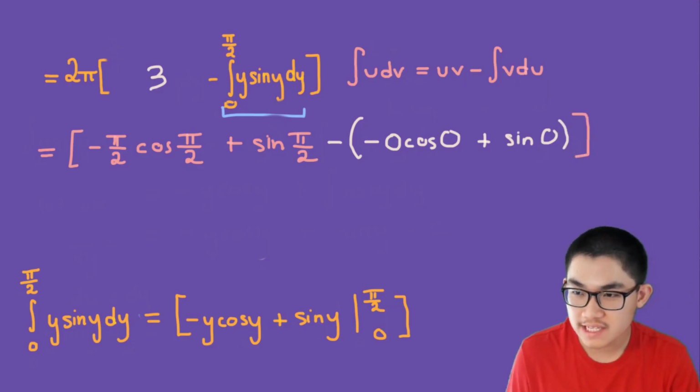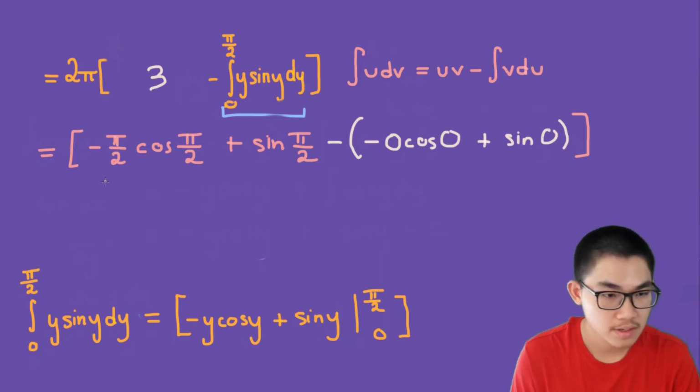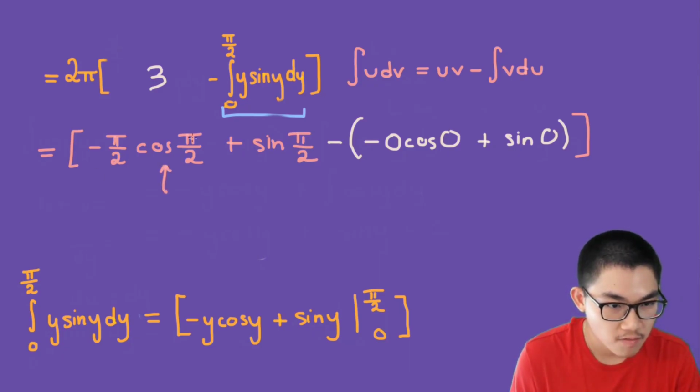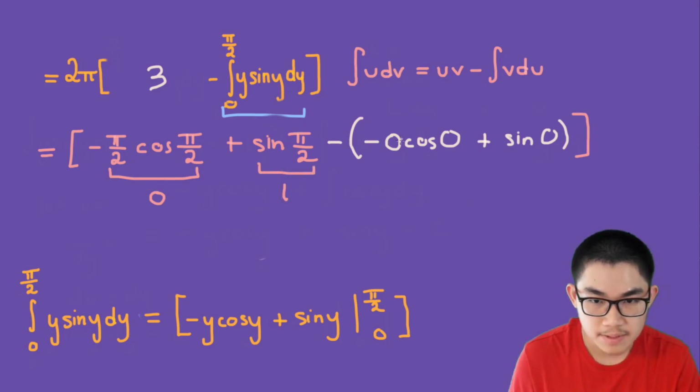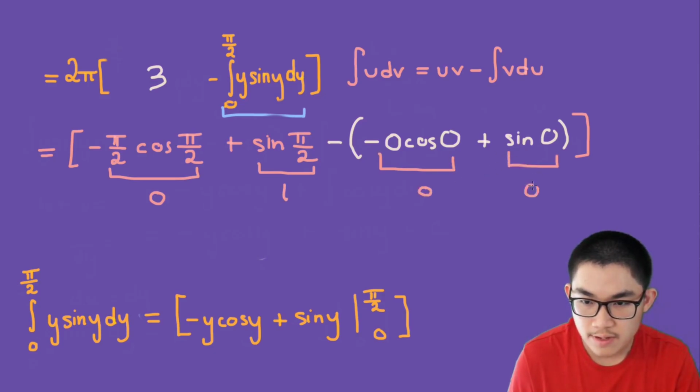Now, if you put these into a calculator, we know that cos of pi over 2 is 0. So this means this whole thing right here is 0. Sine pi over 2 is just 1. And whatever 0 times whatever, it's just going to be 0. So this part is 0. Sine of 0 is also 0.